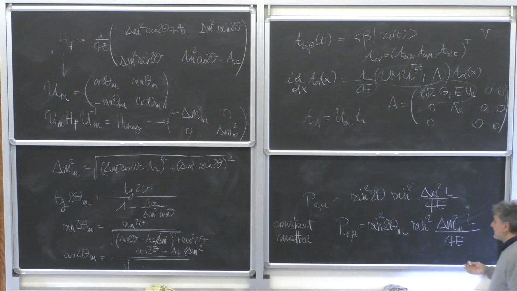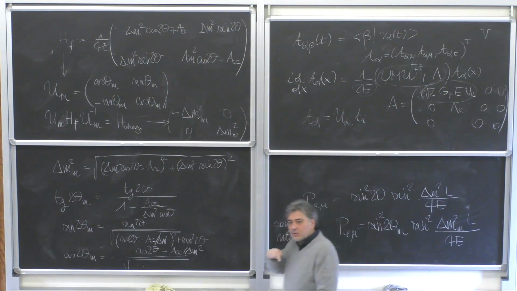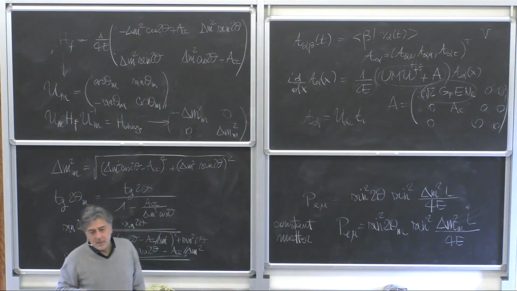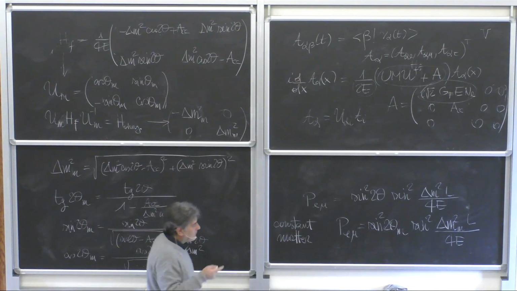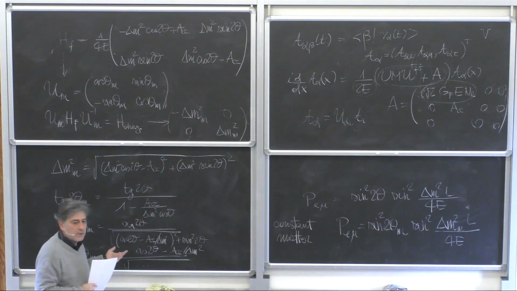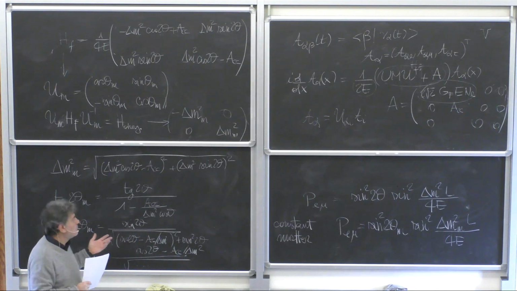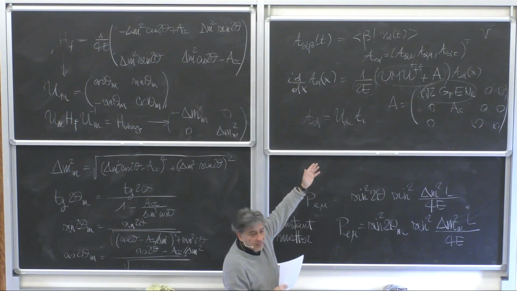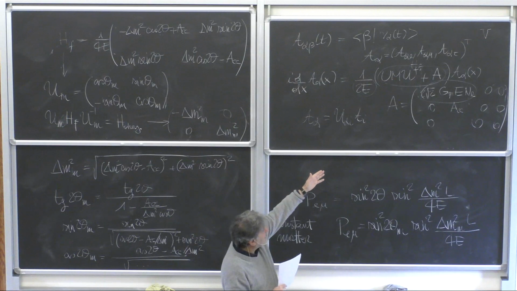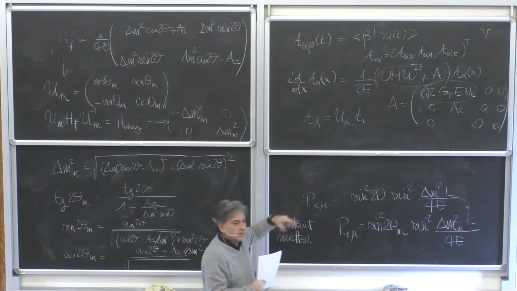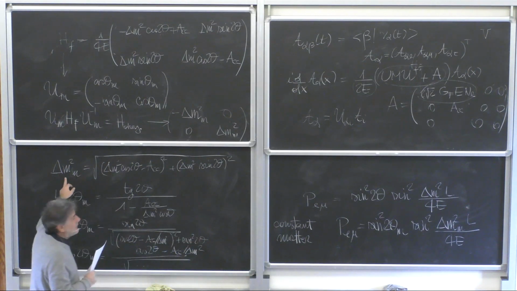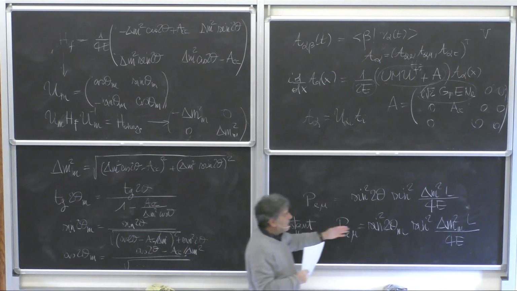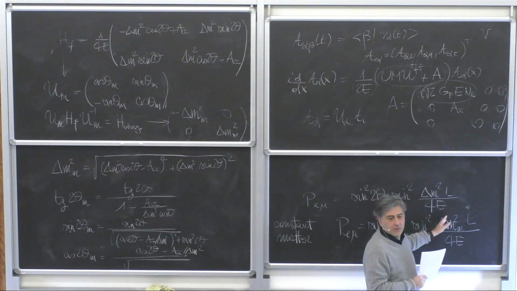So the same formula holding for vacuum oscillation holds, in two generations, for matter oscillations. All you have to do is take the H_F equal to U dagger plus A divided by E, diagonalize, evaluate the eigenvalues, the delta m squared, and put it into the vacuum formula.